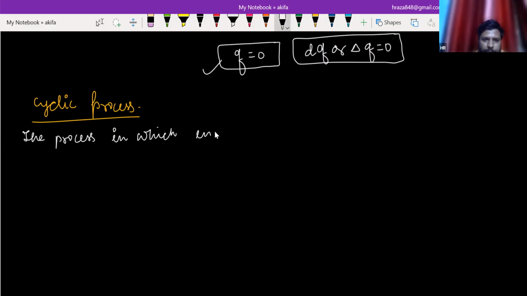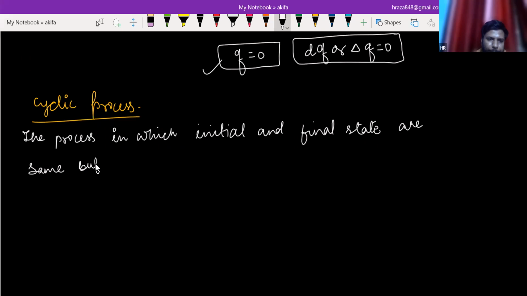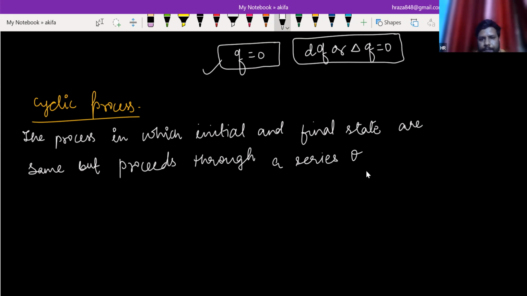The process in which initial and final state are same but proceeds through a series of steps is called cyclic process. It is very easy.